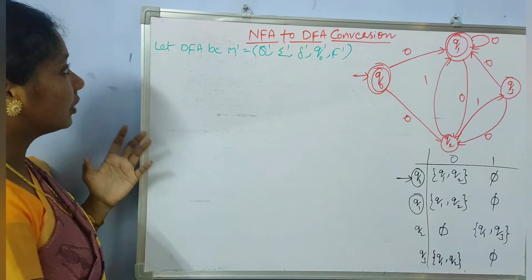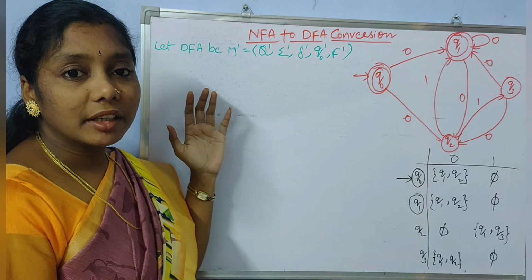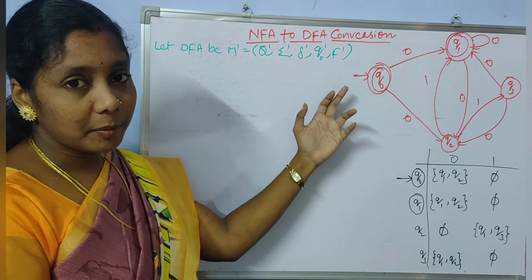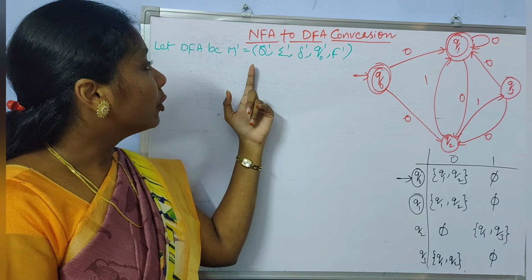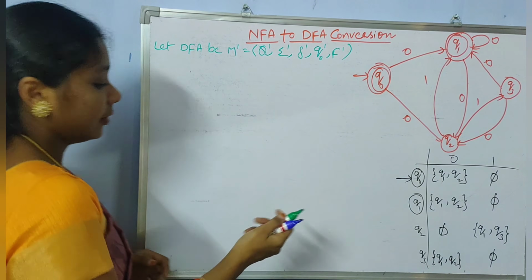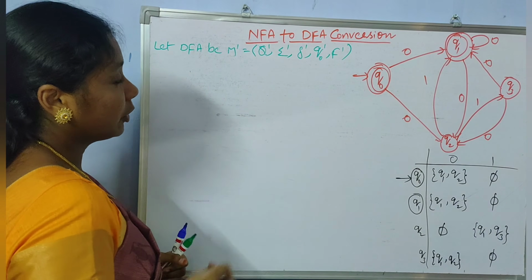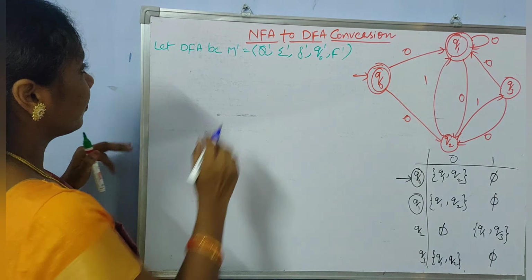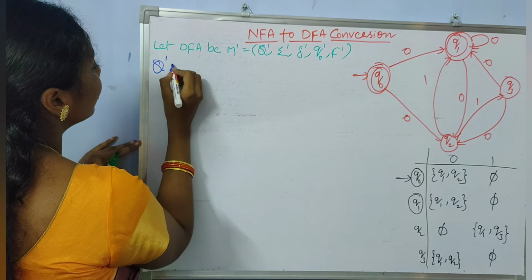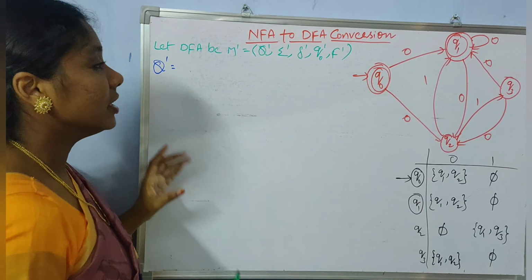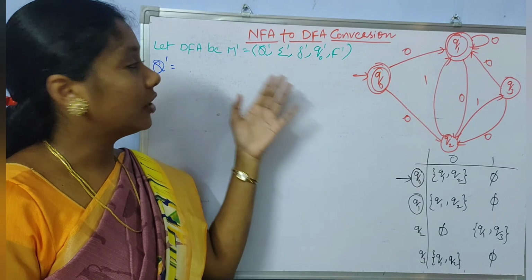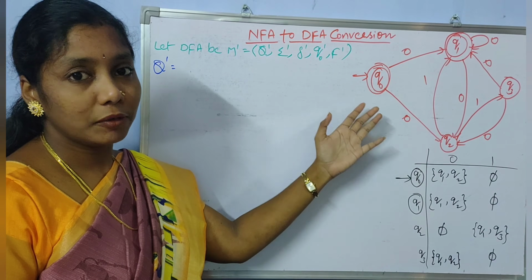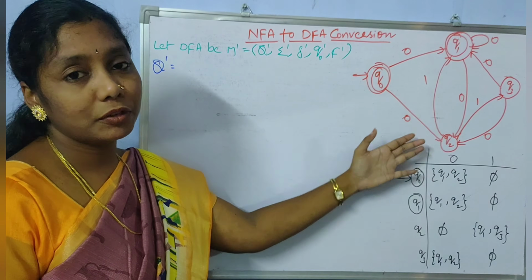For the construction of the DFA, let us assume that the DFA which is going to be constructed is M dash, and it is a 5-tuple. We already know: Q dash, sigma dash, delta dash, Q naught dash and F dash. Consider Q dash first. Generally we take Q dash by considering all the subsets of Q, that means subsets of states of the NFA.